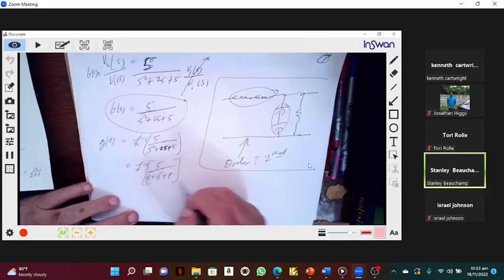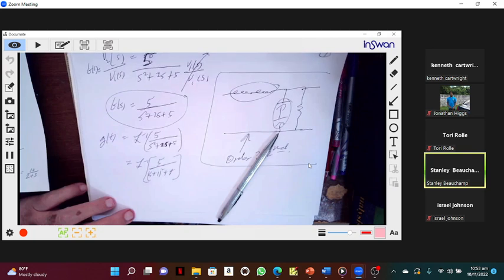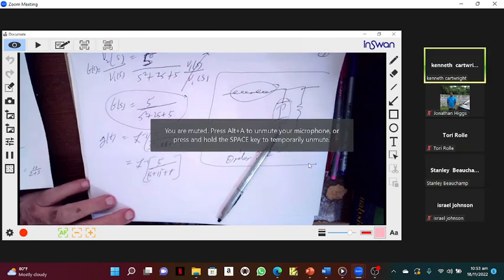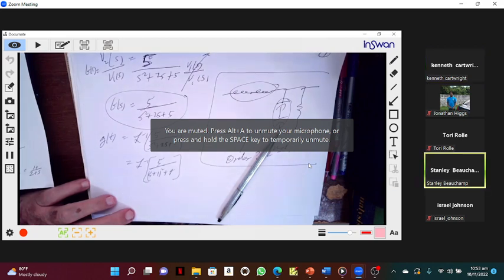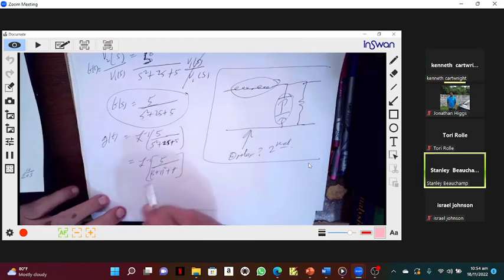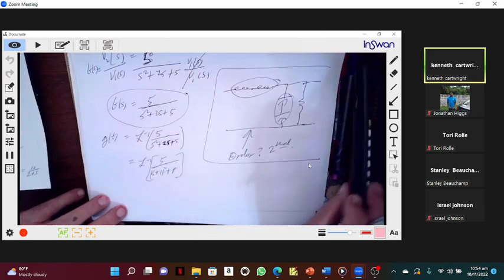I know for sure this is case 3, using partial fraction expansion. It is case 3, and so how do we handle case 3? The roots. What are the roots, Mr. Beauchamp?